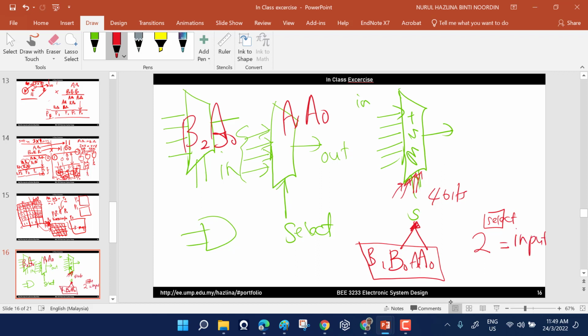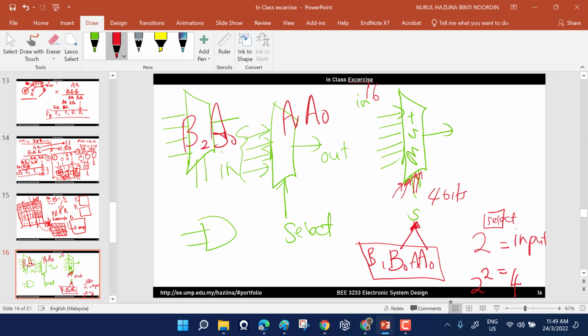If you have 4 bits, your input is 16 bits. If your select is only 2 bits, your input will be 2 to the power of 2, which is 4. In this case, it is 16.